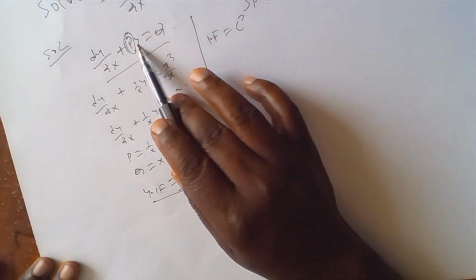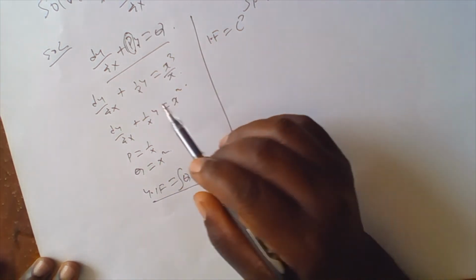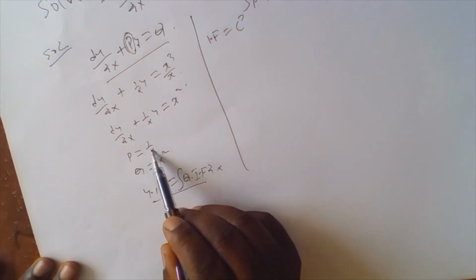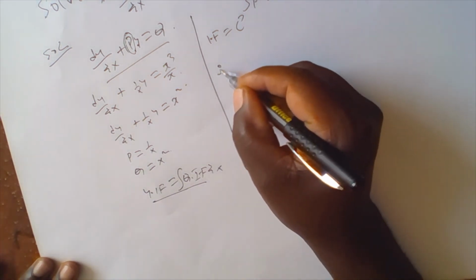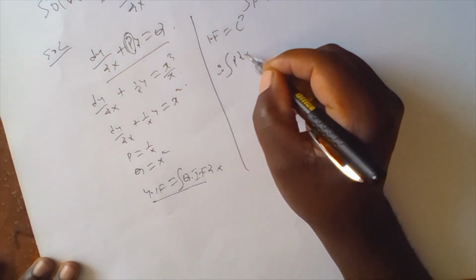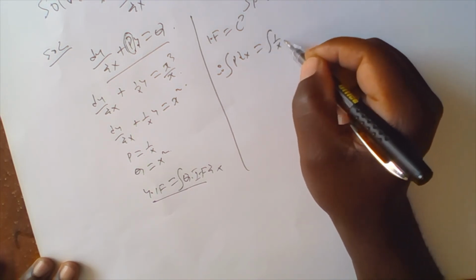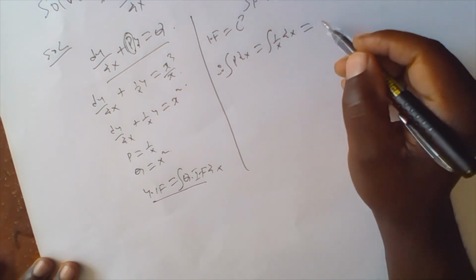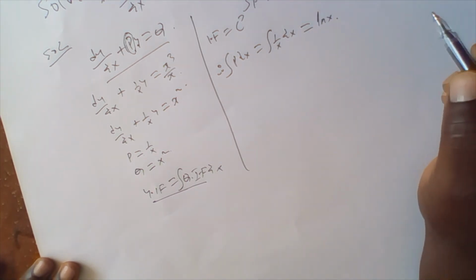So from this equation we can get the integrating factor. Our p equals 1 over x, therefore the integral of p dx equals the integral of 1 over x dx, which equals, when you integrate 1 over x you get ln of x.